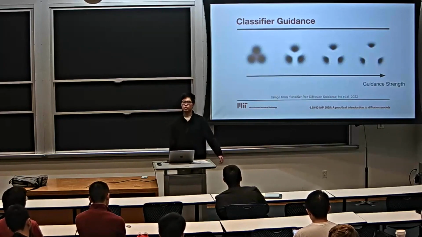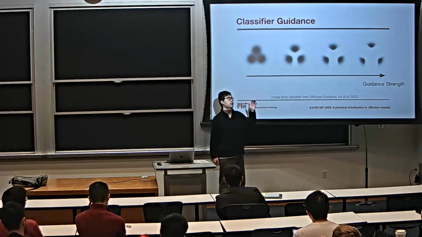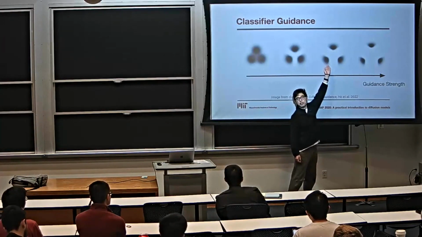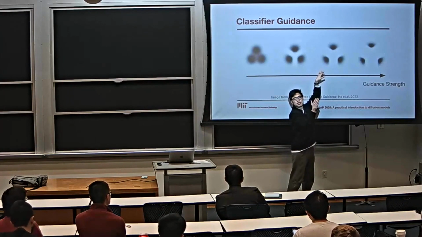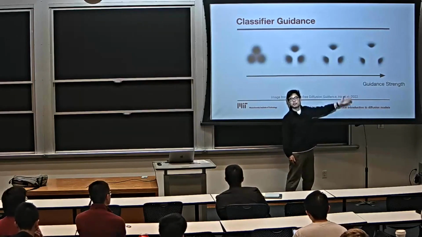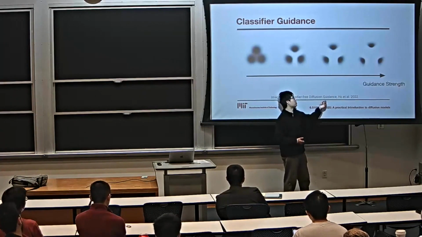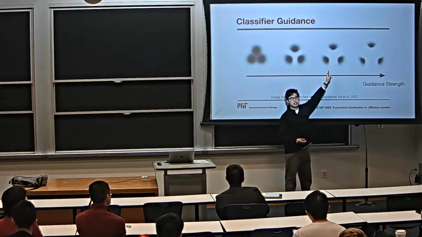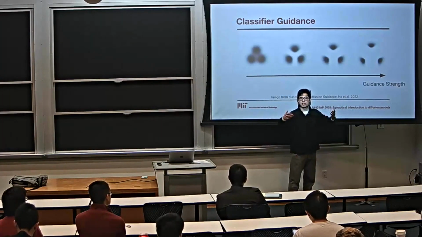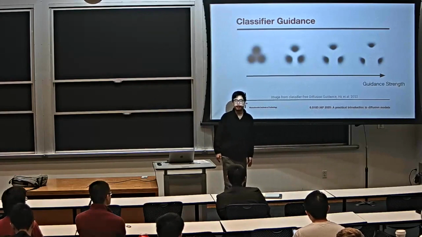Just like in this example, you may view classifier guidance as a way to generate from this one cluster very well, but when you overlay the clusters for all three classes, you will end up with a distribution like this, right? For classifier-free guidance, it's not that I just want to generate from one cluster. I actually want all three clusters together by putting all the classes together, and I claim this distribution is better than that one, as you will see later in the slides.